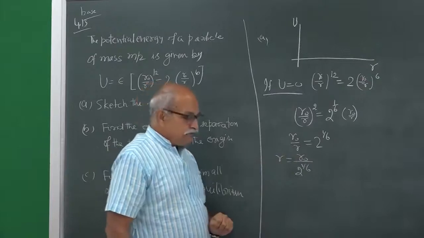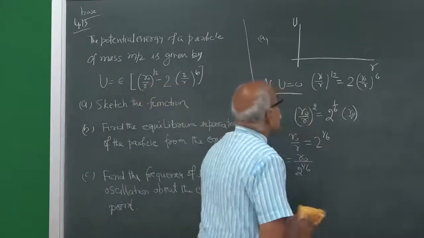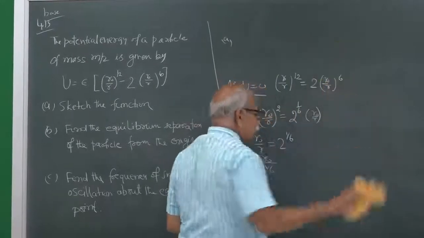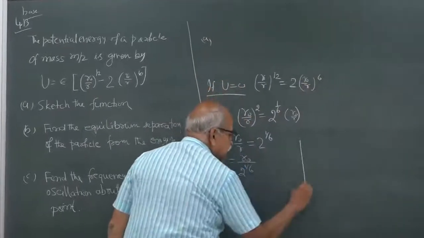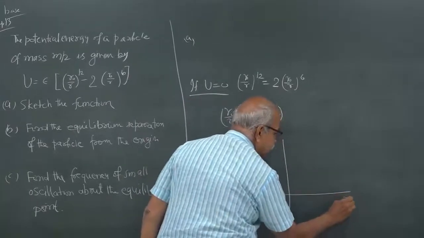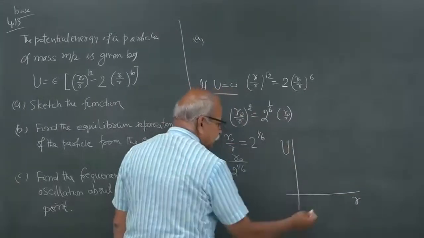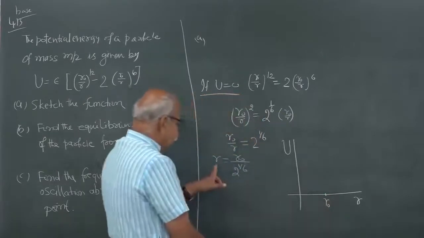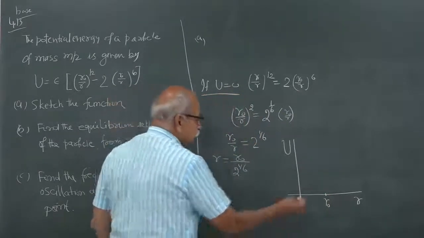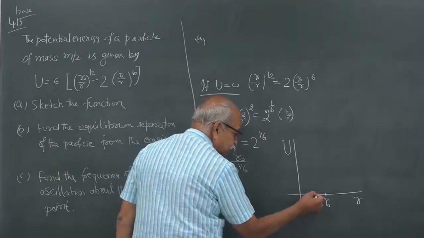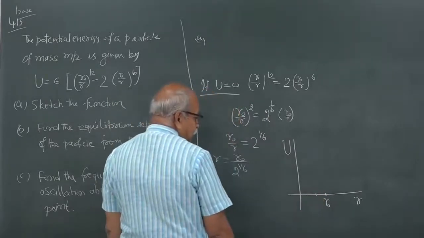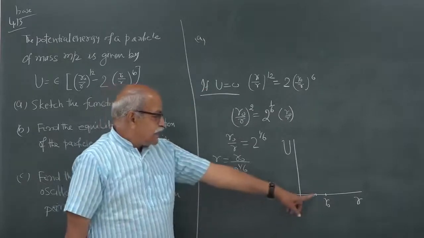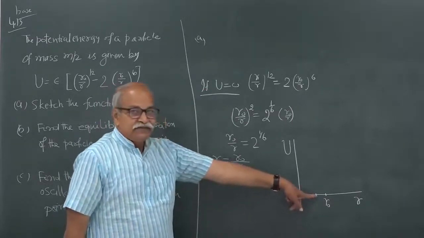On this graph, suppose this is r, this is u, and this point is r naught, and the r which makes u equal to 0 is somewhat less, suppose it is here. It will cross the r axis only at one point.